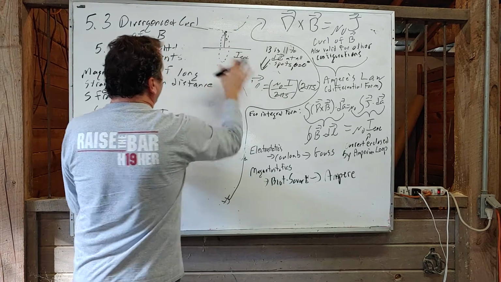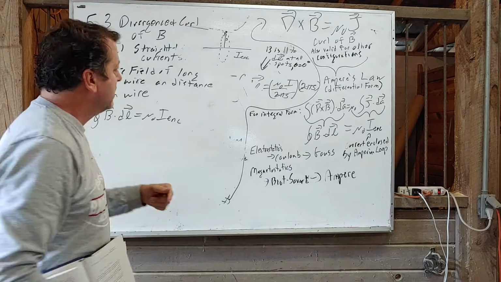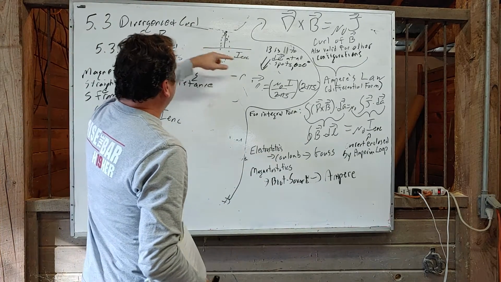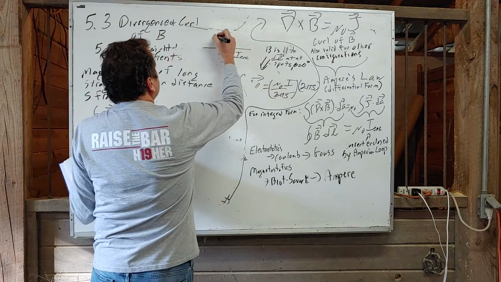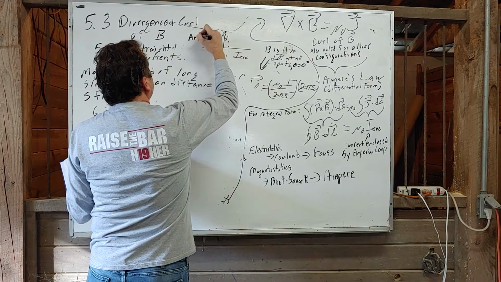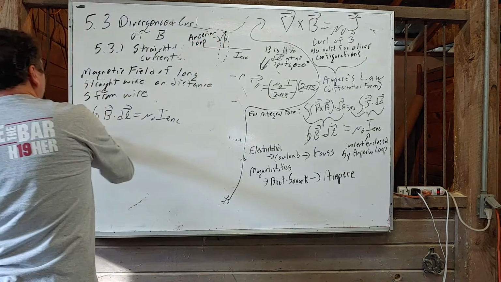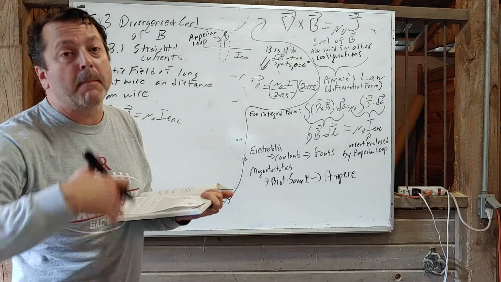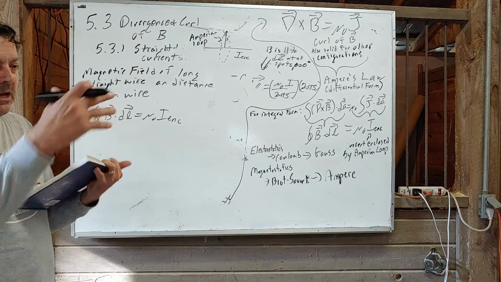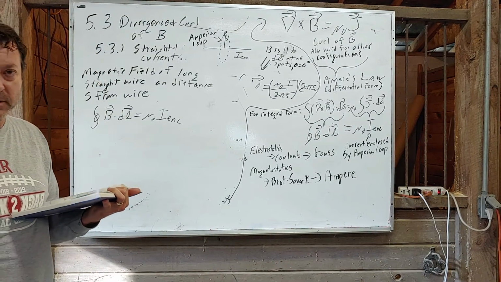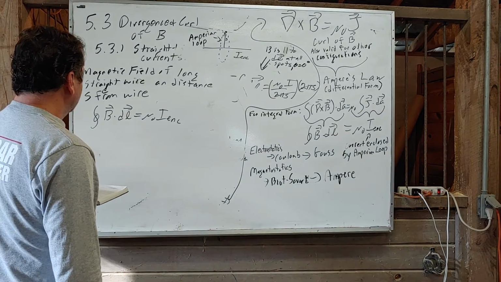So all the current that's enclosed, we just got one wire this time, and it goes through that Amperian loop. This is your Amperian loop. You do your integral around your Amperian loop. If you remember in Gauss's law, we did it over that surface area, remember? E dot dA. All right.